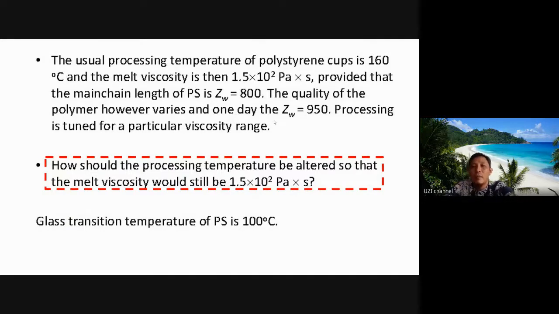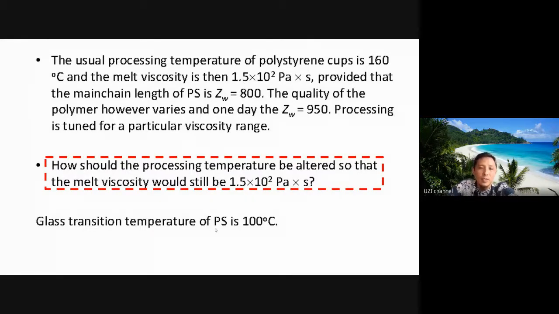One day the main chain length becomes 960. Then the processing is tuned for the particular viscosity range. How should the processing temperature be altered so that the melt viscosity would still be 1.5 times 10 to the power 2 Pascal second?